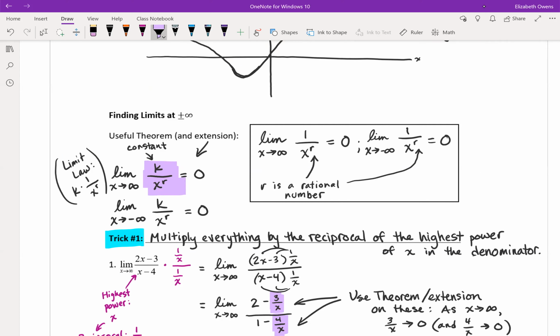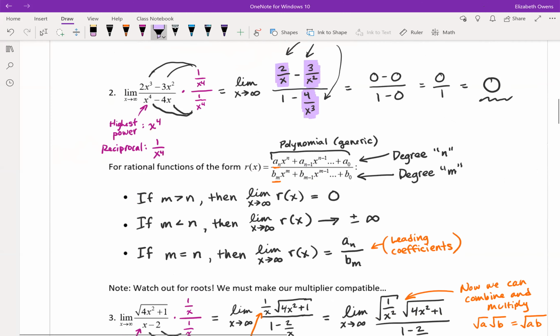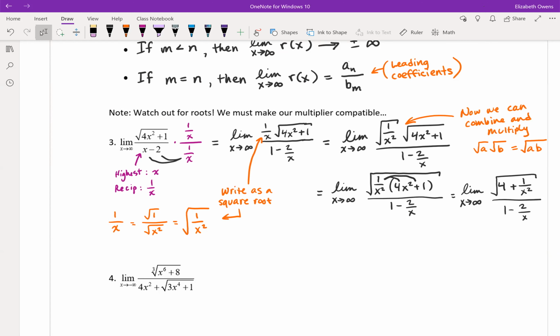Anything that looks like a constant over x to some rational power is going to approach 0. So in our example here, the 1 over x squared is going to approach 0, and the 2 over x is going to approach 0. And that's exactly what we're going to let them do now.